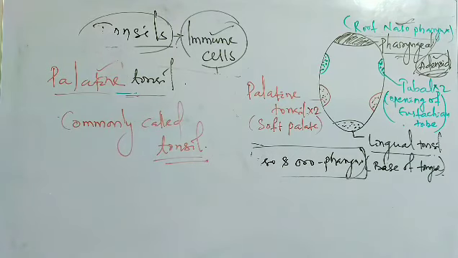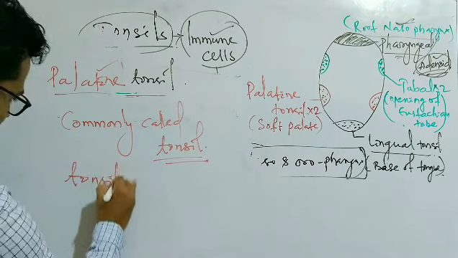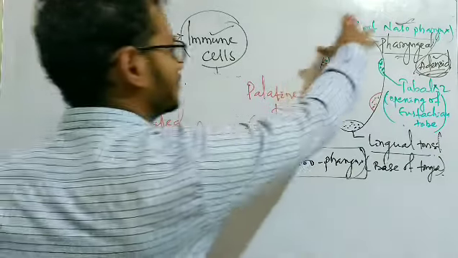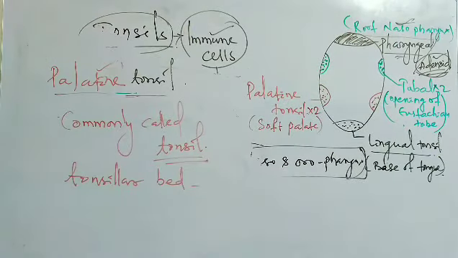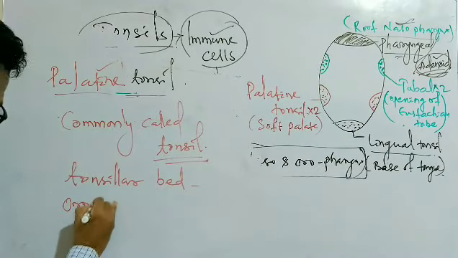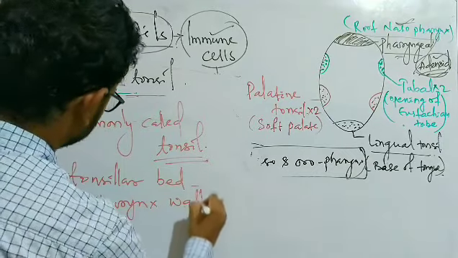They are located within the tonsillar bed, which means it is surrounded by tissue. The palatine tonsil is located at the center of Waldeyer's ring. Clear? So the tonsillar bed of the lateral oropharyngeal wall, it is present in the oropharyngeal wall. So this is the location.